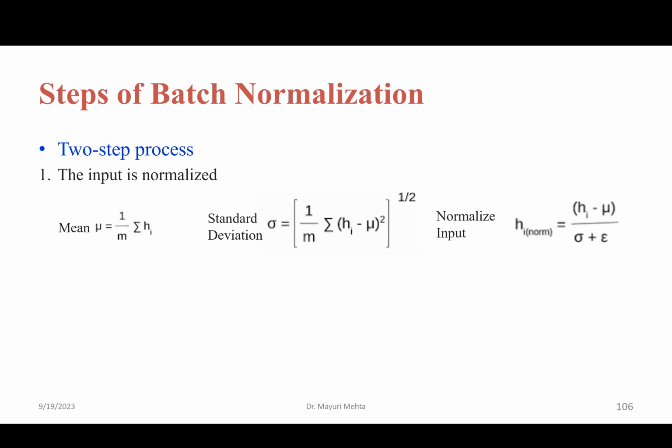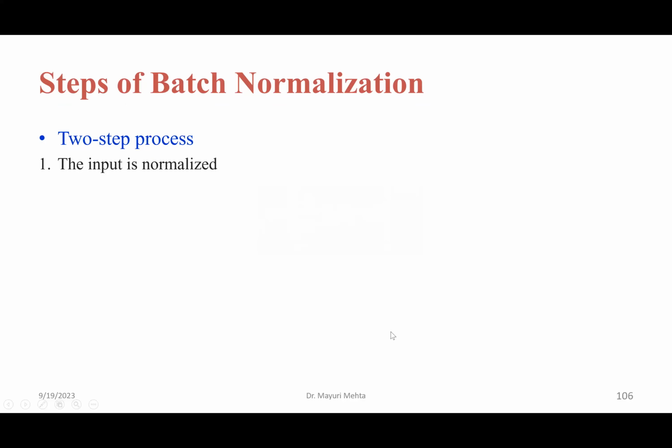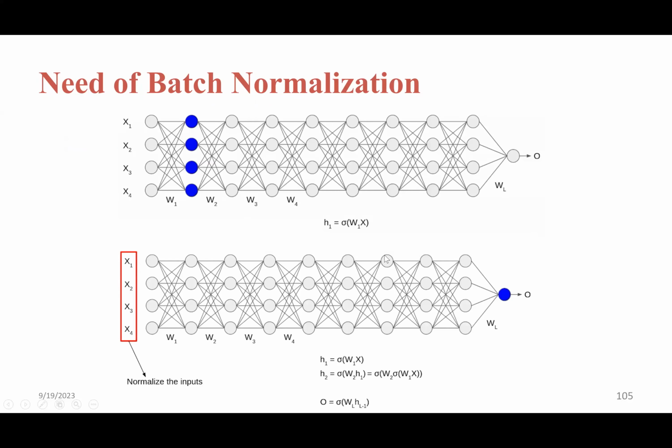I hope you understand this point, what we are discussing now. We discussed that the data does not remain in normalized form when it passes through the different hidden layers of the neural network. So how do we keep it in normalized form?